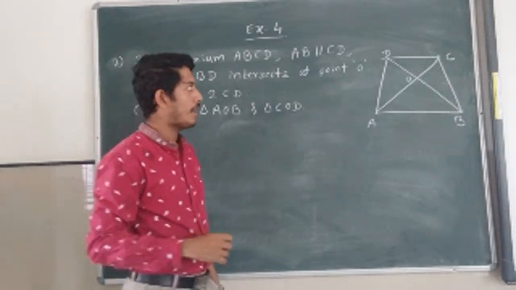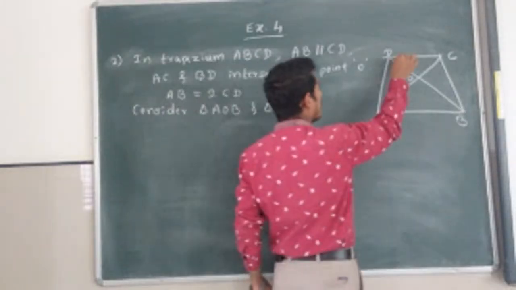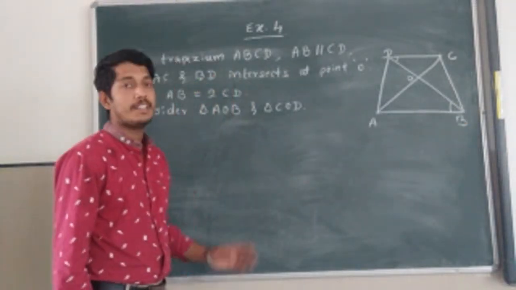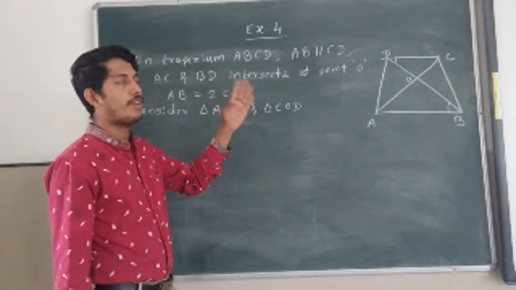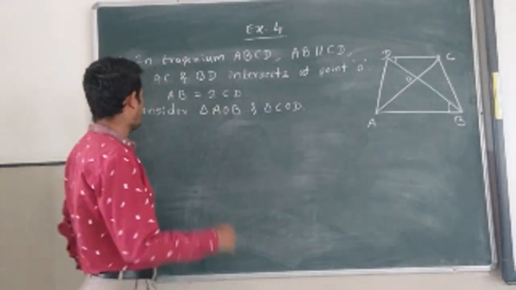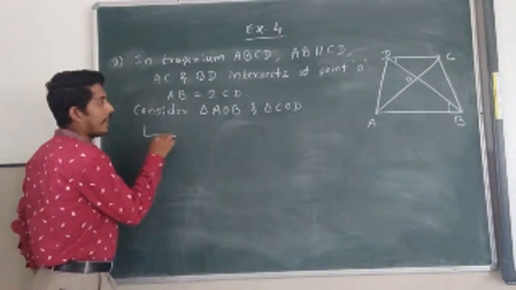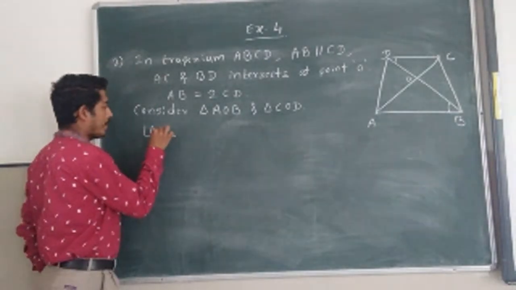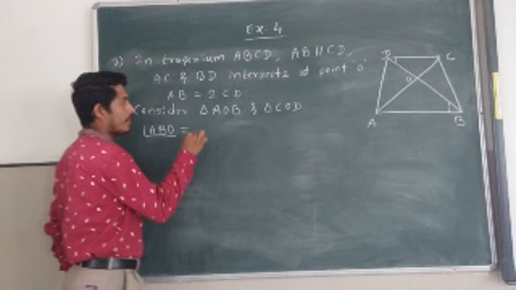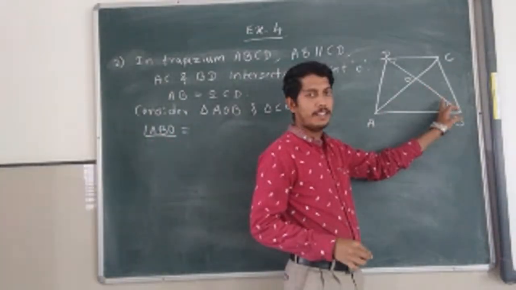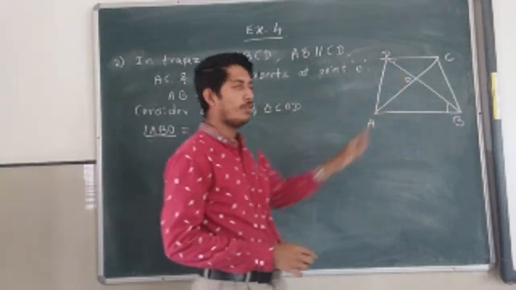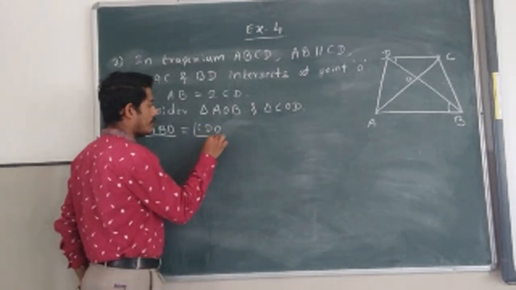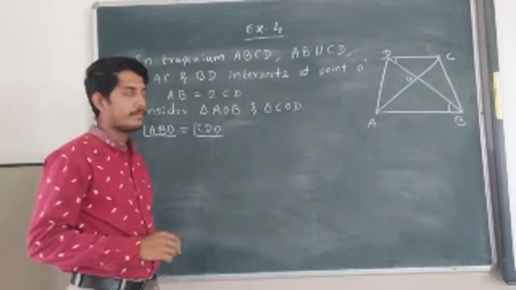Therefore, in triangle AOB and triangle COD, angle ABO is equal to angle CDO. So this is one pair of alternate angles.